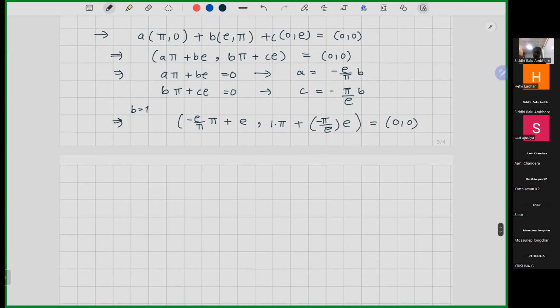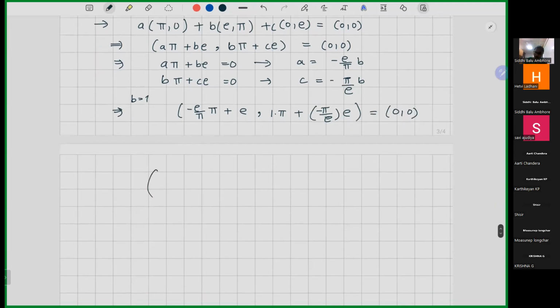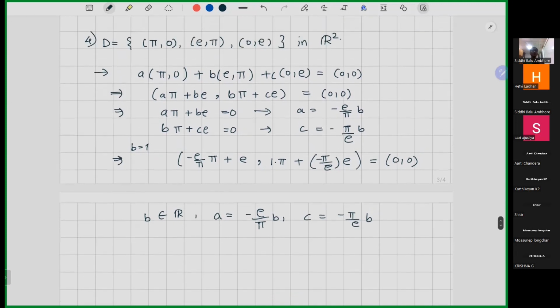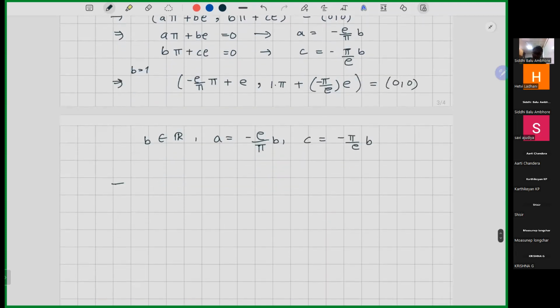Any doubt? So in short, if I choose b to be anything in R, then a is minus e by pi b and c is minus pi by e b. This will give me infinitely many non-zero coefficients for a, b, c that give zero, so this set D is not linearly independent. Okay, any doubt here?